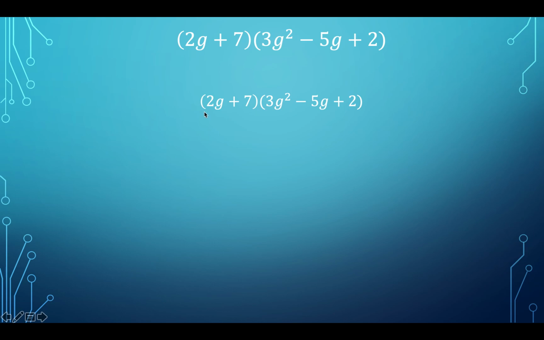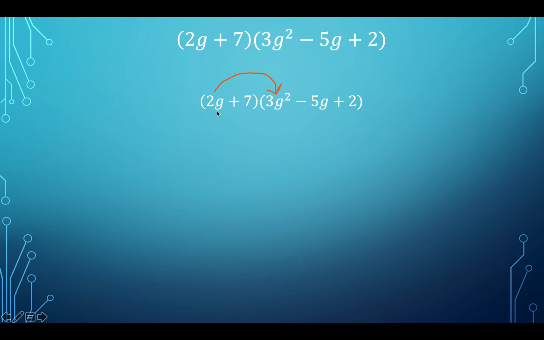Now we're going to be multiplying 2g plus 7 times 3g squared minus 5g plus 2. Same concept. We're going to take this 2g and distribute it to each and every term inside that second group of parentheses. Same thing with the 7, each and every term.